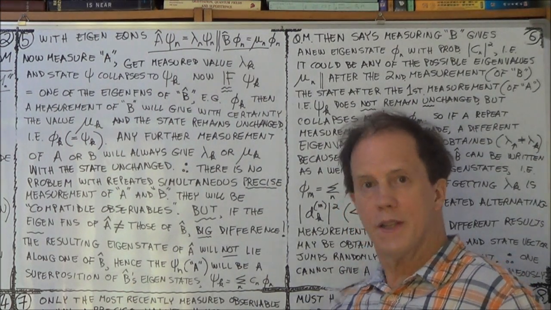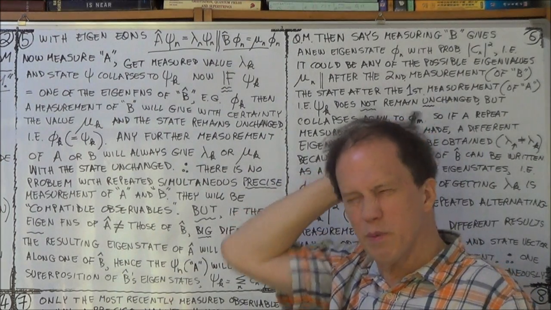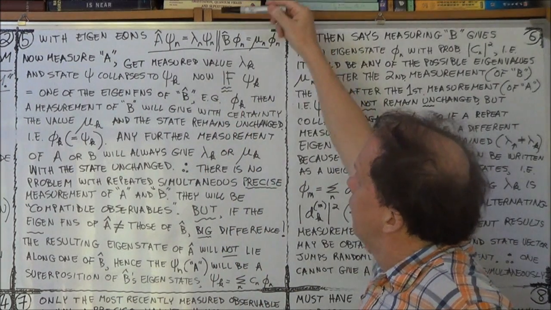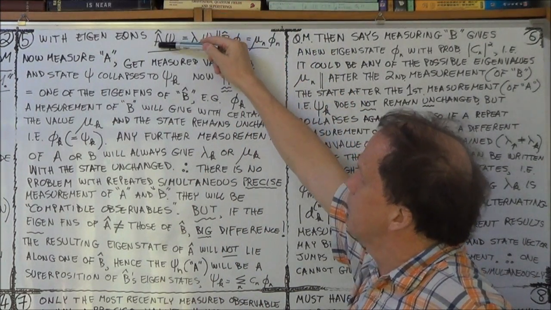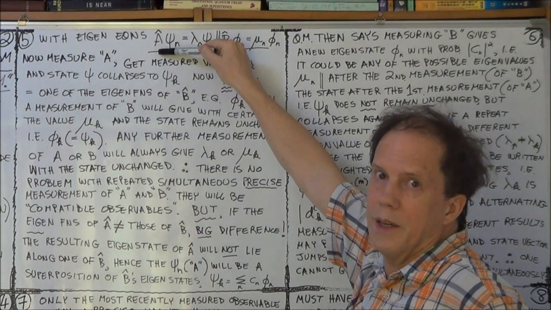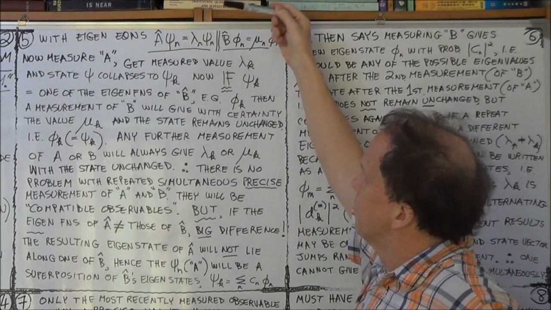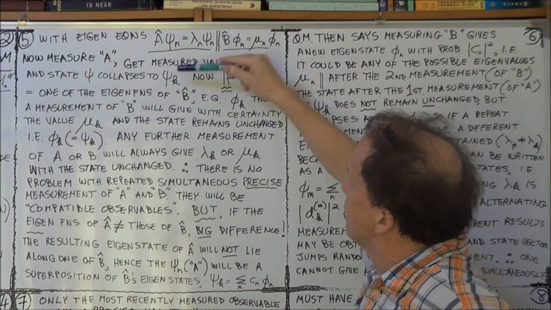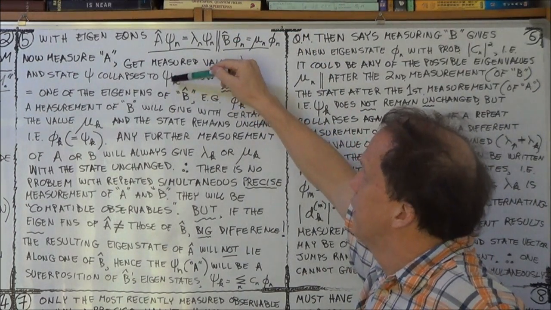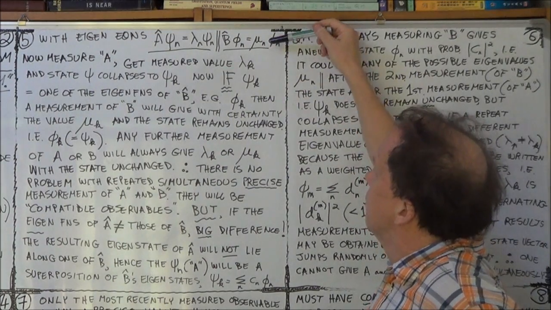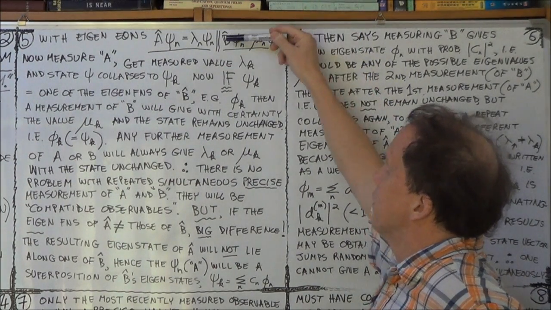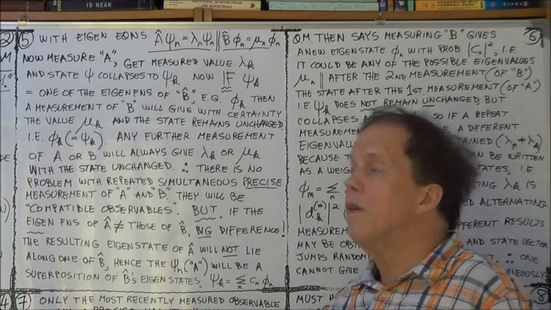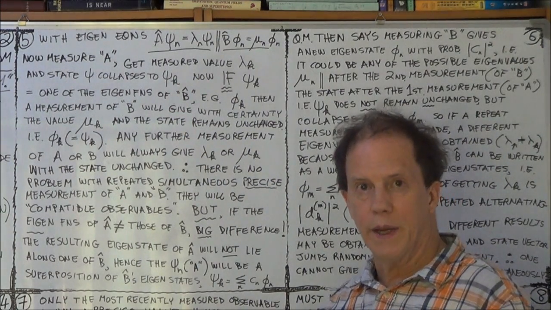The compatibility exists between these two observables, A and B, if the result of your first measurement, measuring observable A, the resulting wave function, the resulting eigenstate, let's say psi k, is equal to one of the eigenstates of B. Then A and B are compatible.